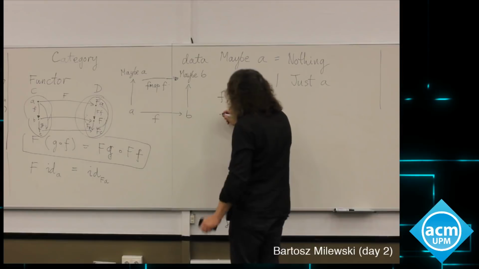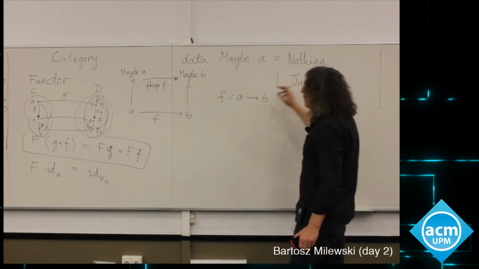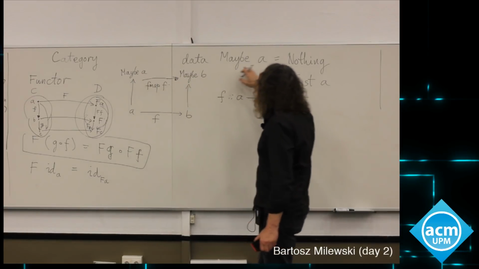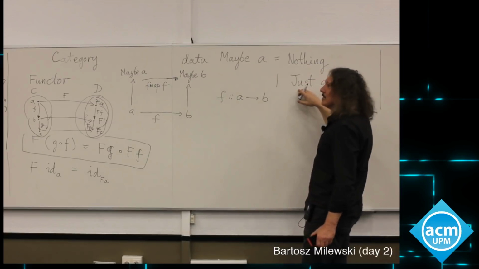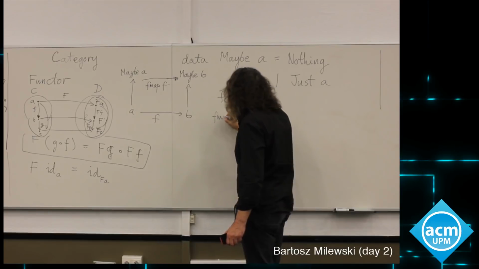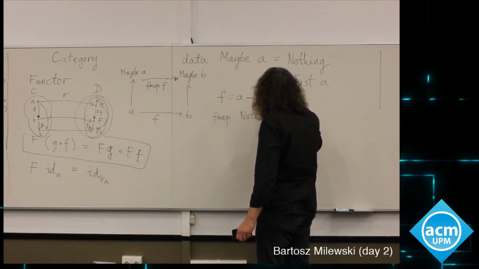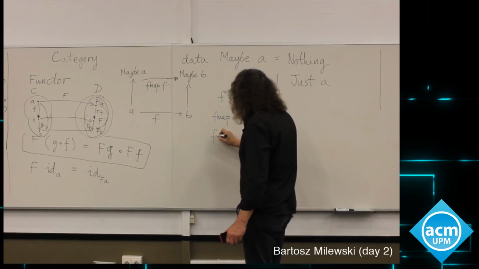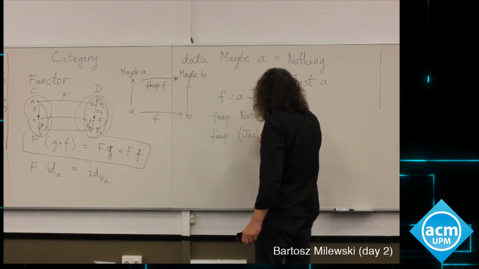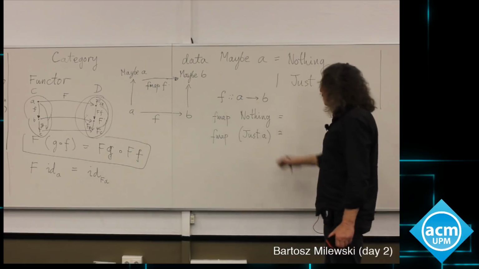So how is this fmap f defined? Well, it has to be defined separately. It maps Maybe A into Maybe B. Maybe A is of the form either Nothing or Just A. So we can define fmap f acting on Nothing, and we can define fmap f acting on Just A. What should it do on Nothing?